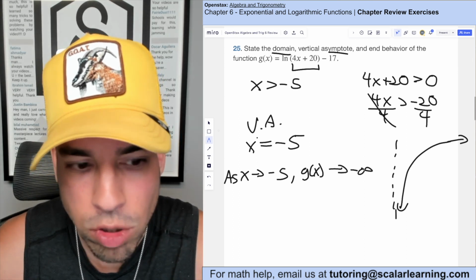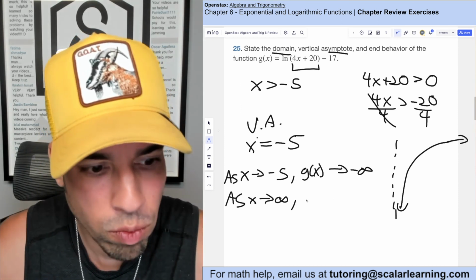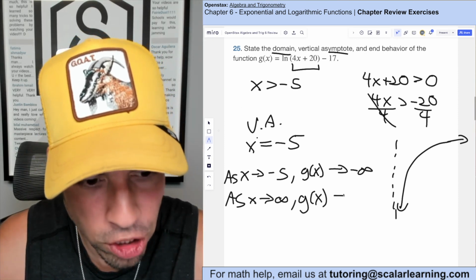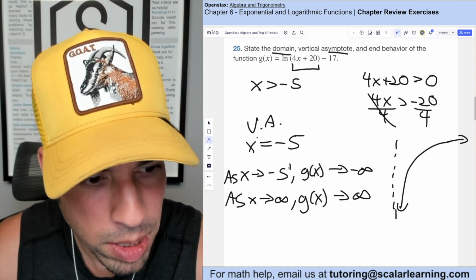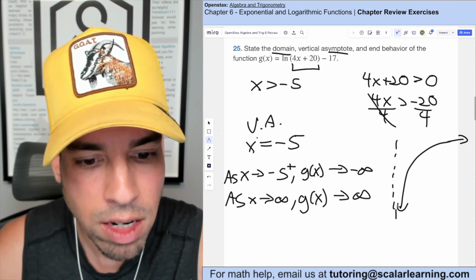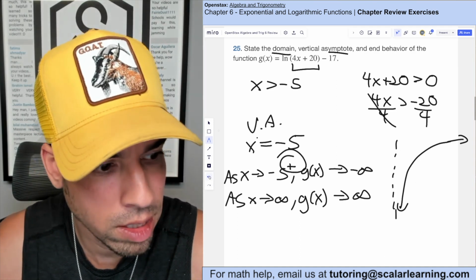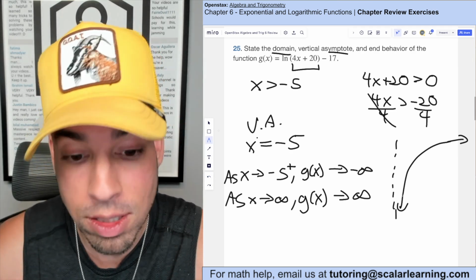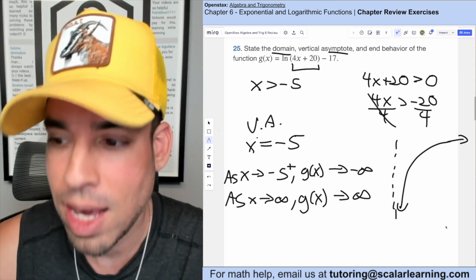And then as we go to the right, as x approaches positive infinity, we can see the function value rising, meaning g of x is approaching positive infinity. Oh, and by the way, I forgot one quick thing. This needs to be a plus here because it's not approaching negative 5 from both sides. It's only approaching it from the right-hand side, and that plus indicates that we're coming from the right. The function doesn't exist on the left-hand side. So just a quick clarification. But anyways, that's how you do it.